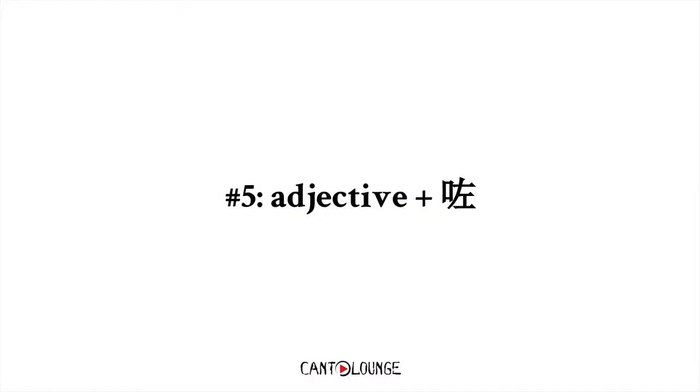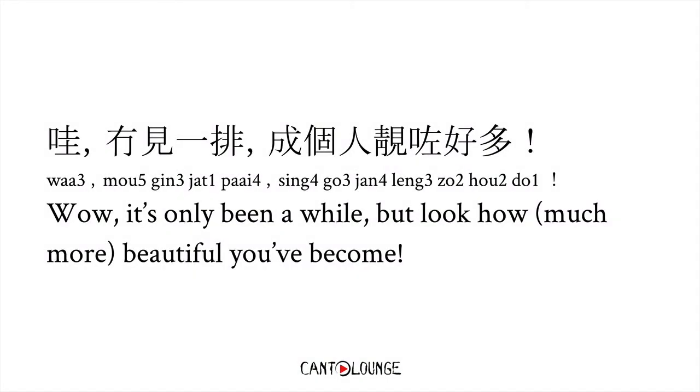Moving on, pattern number 5, we have, oh, there we go. This is the pattern that I was talking about, adjective plus 咗. So once again, when you add 咗 after an adjective, it means it's more of that adjective compared to a previous time slice. So for example, in this, we have 靚咗, so more beautiful. 哇,冇見一排,成個人都靚咗喎,靚咗好多.